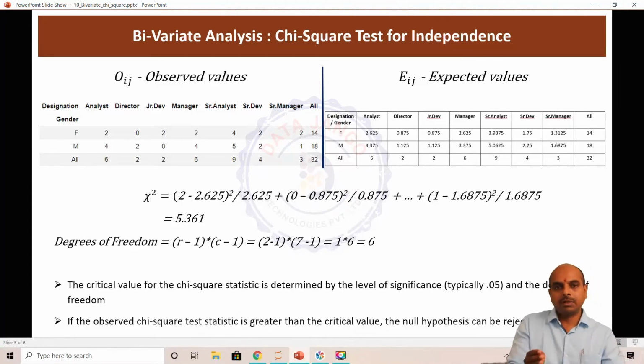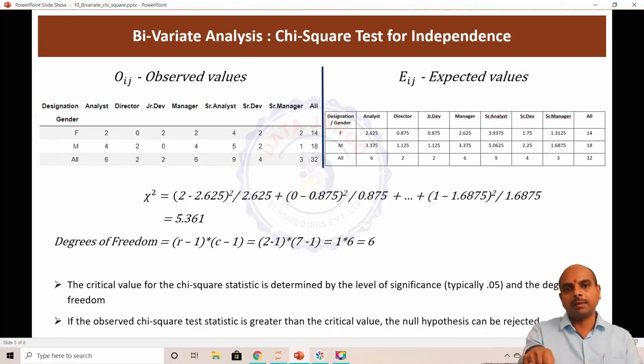In general, degrees of freedom tells how many values can be missing in the data set and you can still find them. If you have one column and you have the total of it, even if you miss one value, you can find it, because a plus b plus c is equal to the total. If b is missing, you can find b is equal to total minus a minus c, right? That is degrees of freedom.